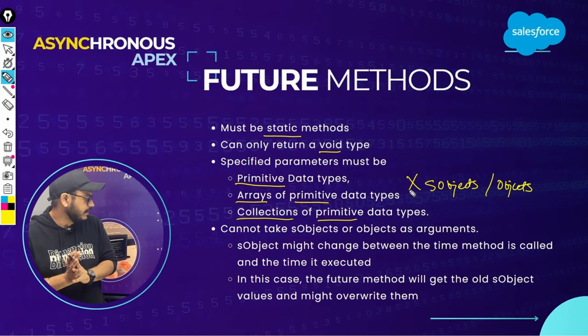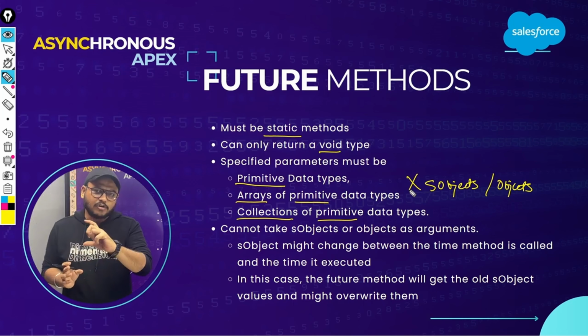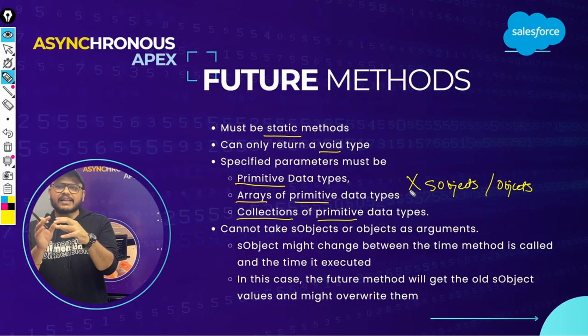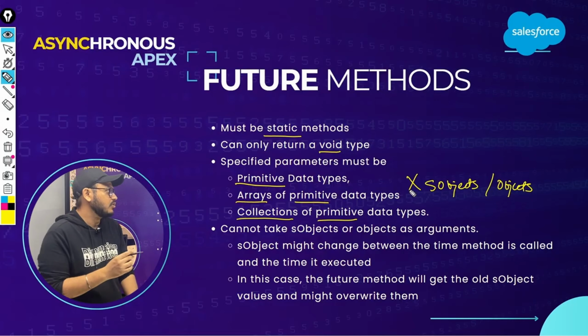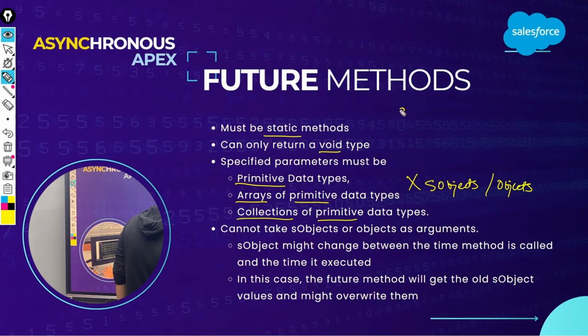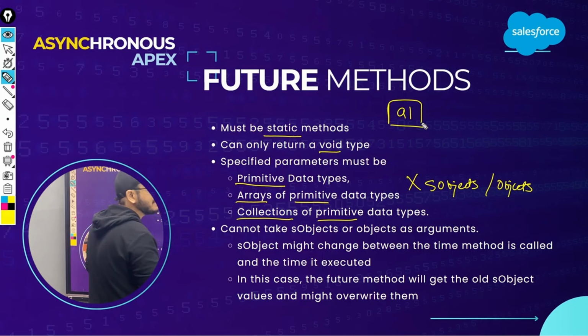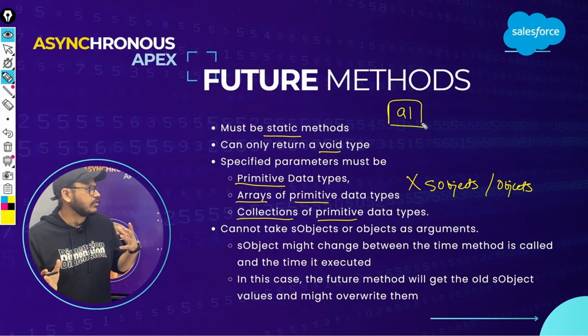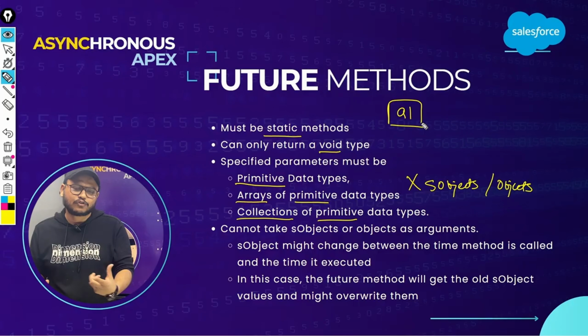Now, the reason for that is very, very simple. The reason for that is because your SObject is basically a live record. So if I try to specify an account A1 as a parameter, now the issue with this is that this A1 is a live record. If A1 is a live record, it can change from time to time.